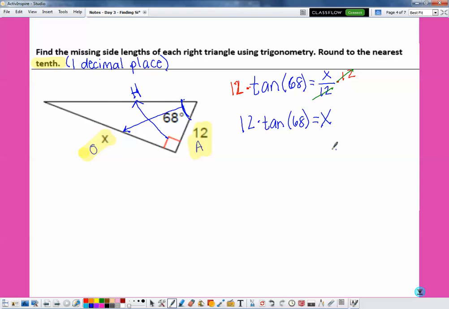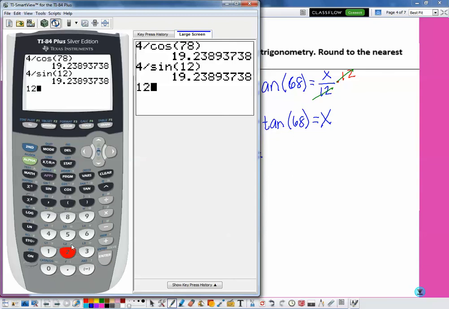Well, look, x is by itself, so that means head to the calculator. X equals, in our calculator, 12 times tangent of 68. We're rounding to a tenth, so that's 1 decimal place, so 29.7.